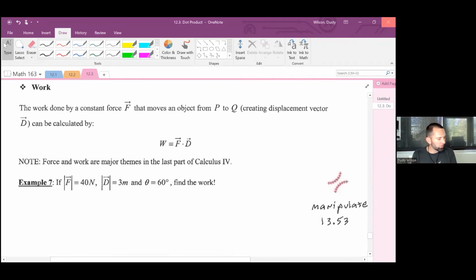Let's talk about one last application of the dot product in this section. The work done by a constant force F that moves an object from P to Q, which creates a displacement vector, can be calculated by work equal to force dot distance. Now you may have played with work in the past and said work equals force times distance.